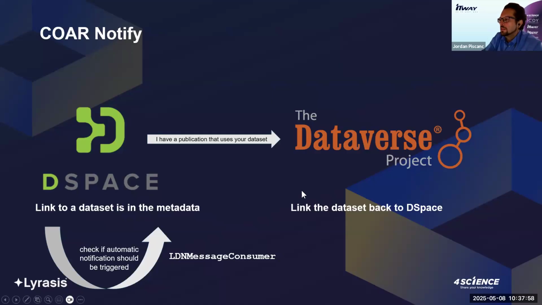Could we link this dataset back to DSpace? The fact is, we are interchanging messages about items that DSpace has and Dataverse has. The goal is to link them together, and the publication remains in my repository, the dataset remains in Dataverse. Not, for example, like when we are harvesting some information that comes to our repository, but all the items remain in the source system, but they are linked together.